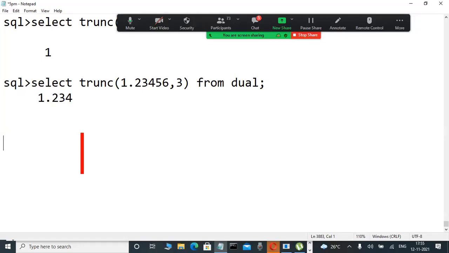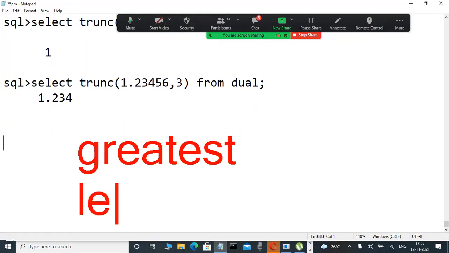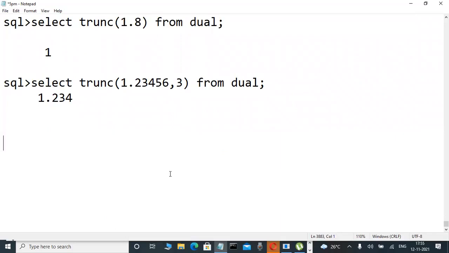Greatest and least. These are most powerful, and very easy functions, but unfortunately number sets are used regularly compared to characters. Write it: greatest and least are important in every database. I will tell you why they are important; they are also applied in PL/SQL somewhere.